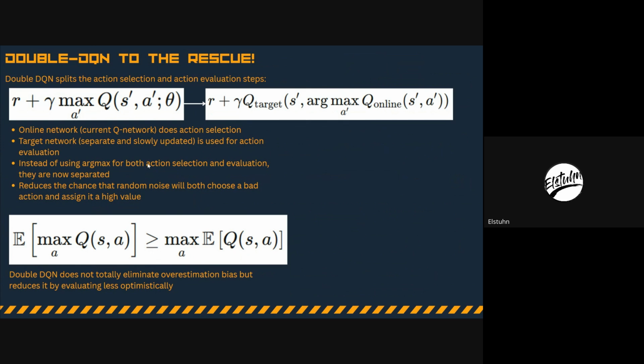So this reduces the chance that we will overestimate the value of a state. Just to note, double DQN actually doesn't eliminate overestimation bias. It just reduces it by making the value that we give to a state less optimistic, essentially.